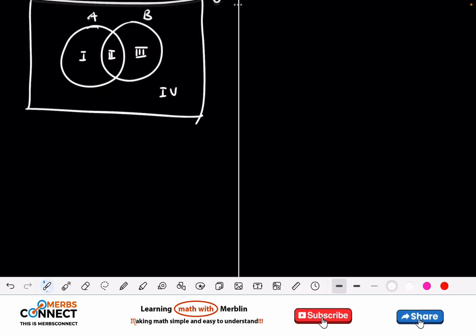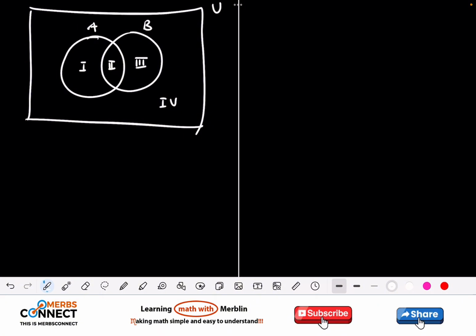Let me start with II. II is something that is between A and B. When we started, we talked about intersection, so II is equal to A intersect B. What is I?